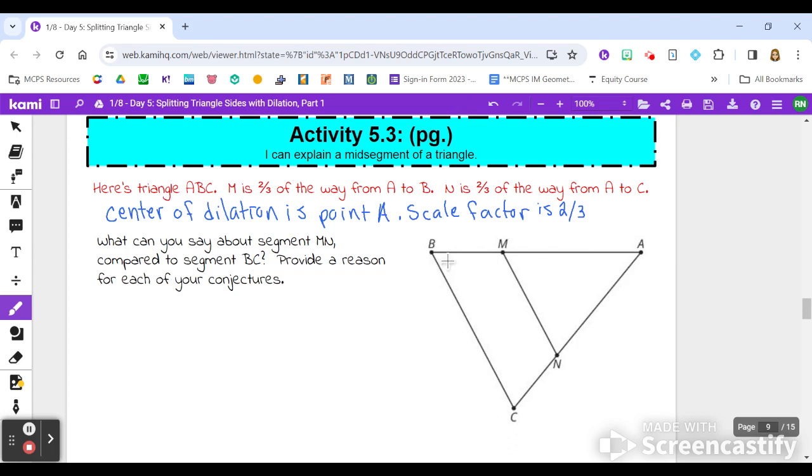So my image is actually AMN, because that's the smaller triangle of the two.